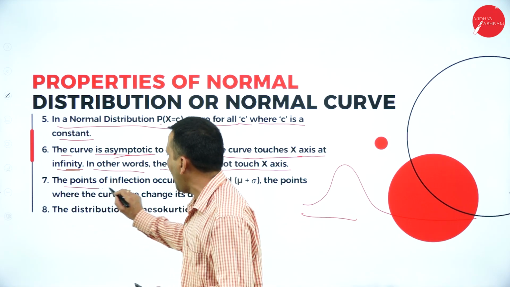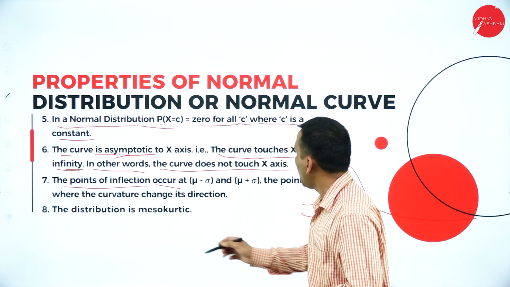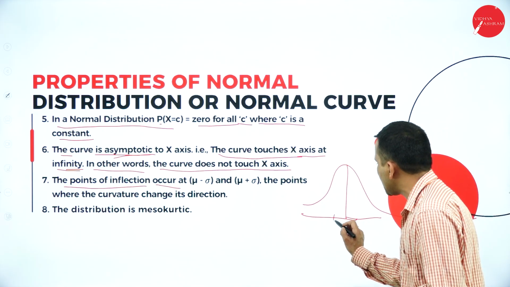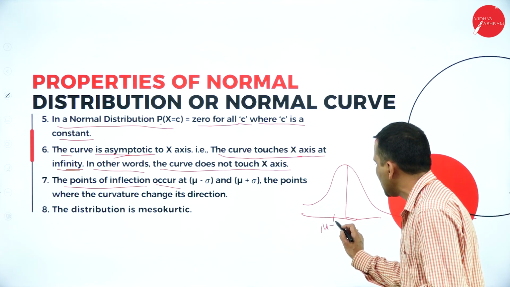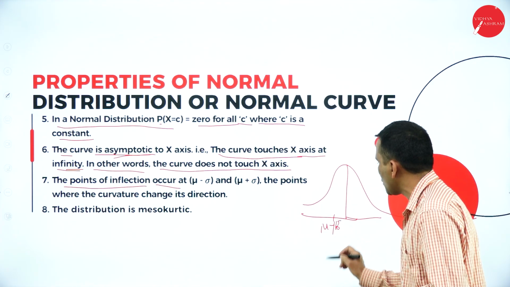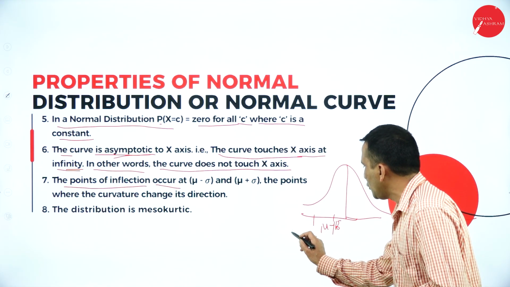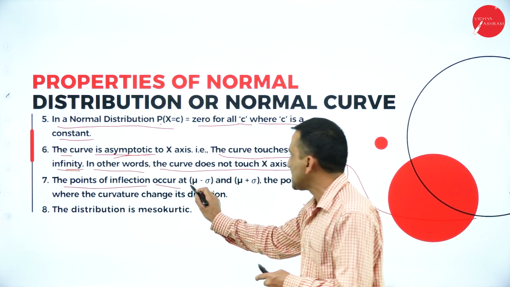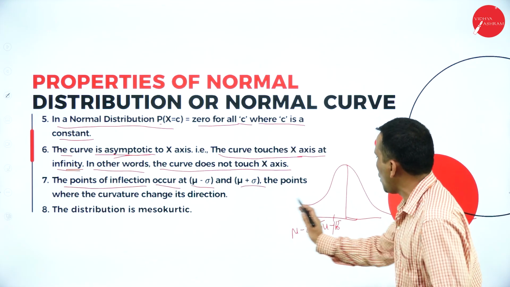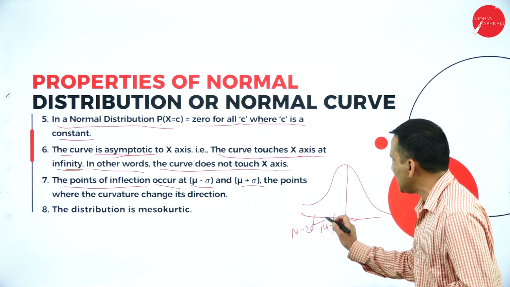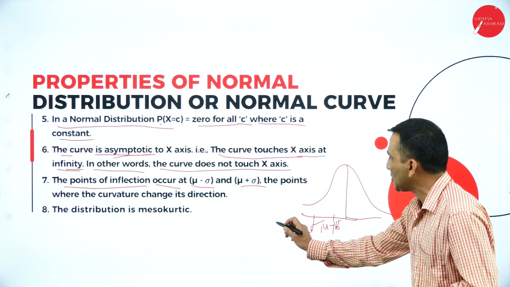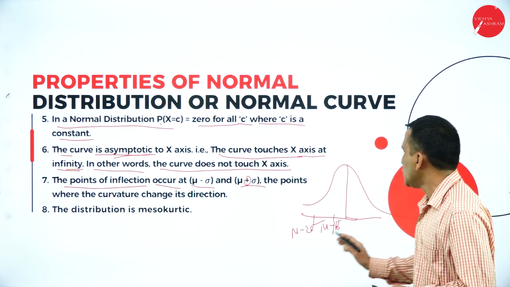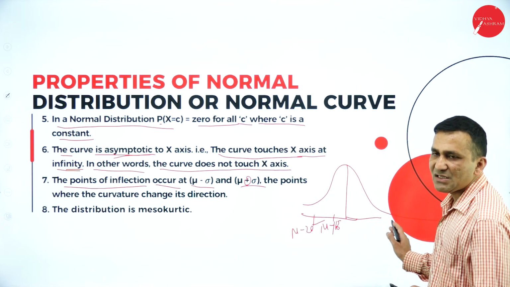Seventh property, the point of inflection occurs. On the left side, starting from mu minus sigma, that means 1 sigma, then mu minus 2 sigma, and so on, going up to 3 standard deviations: minus 1, minus 2, minus 3, and on the right side we get positive values: plus 1, plus 2, plus 3.